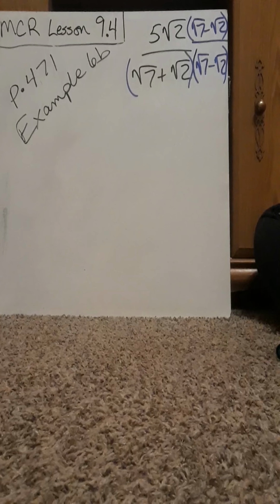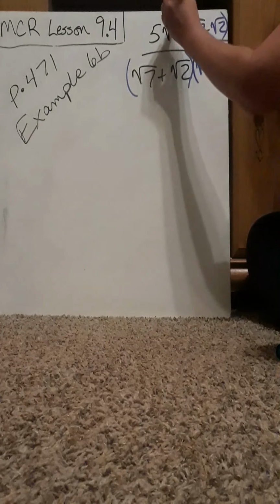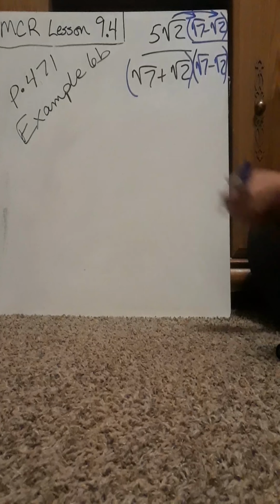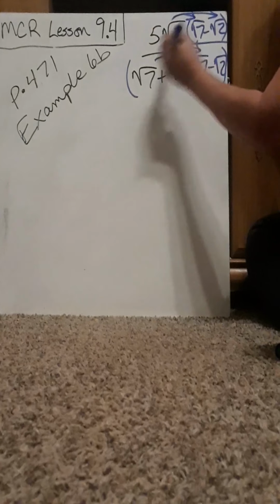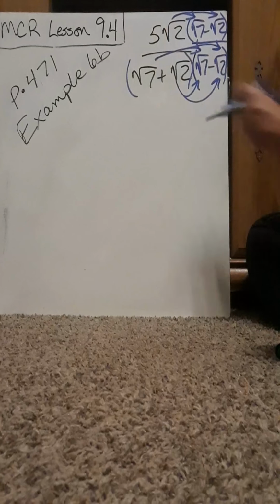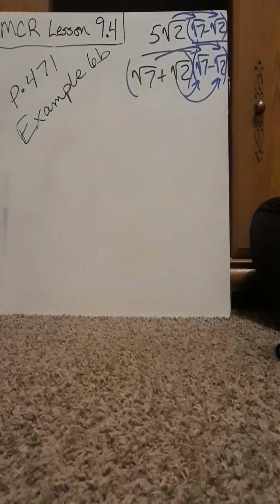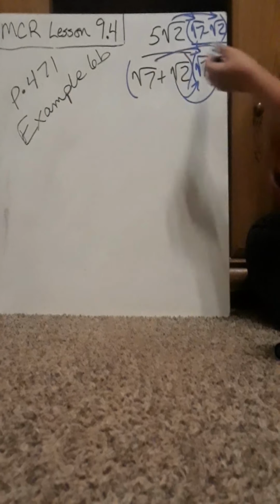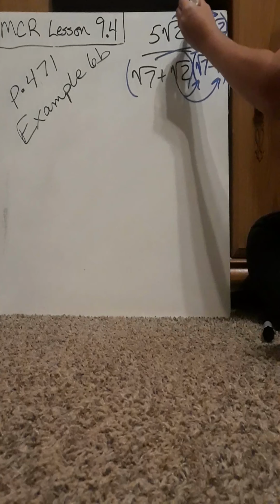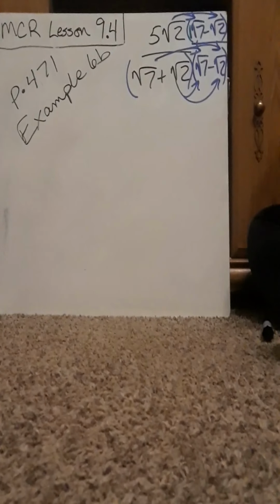And now we're going to do the same thing we did in the last one. We're going to distribute the 5 square roots of 2, and we're going to FOIL the bottom. Okay, so let's start with the top. 5 square roots of 2 times the square root of 7. If that confuses you, just remember there's an imaginary 1 in front of that radical.